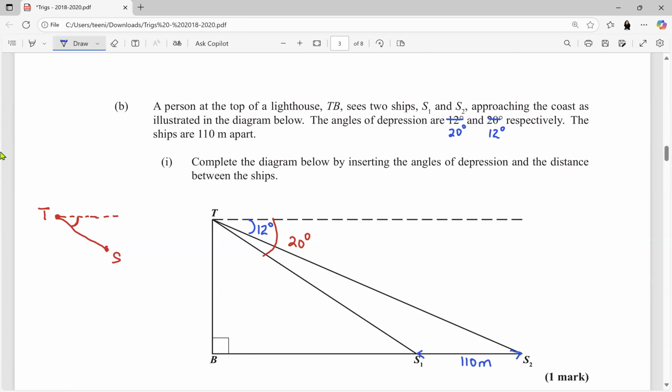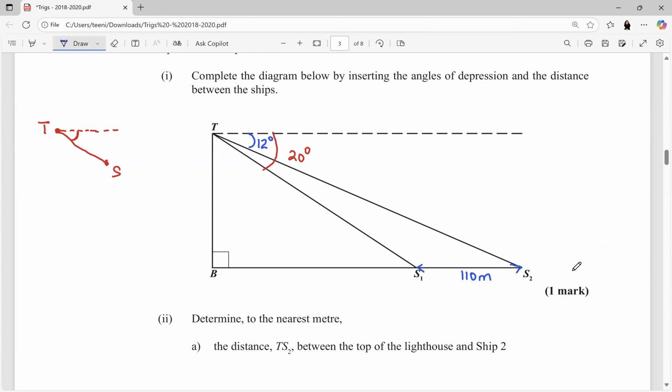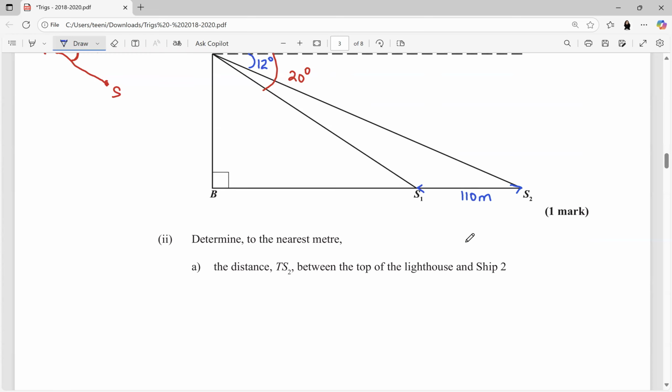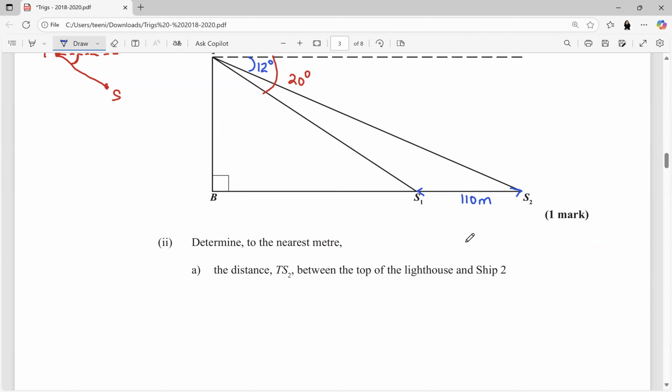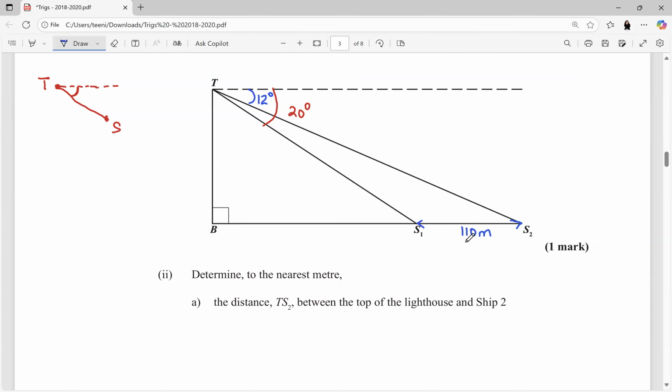All right, so let's see how we do that part. TS2, that's the 12 degrees one, and this here is 110 meters. Okay, so let's draw that triangle outside. You can't use Pythagoras' theorem as yet because we don't have enough information to do that.